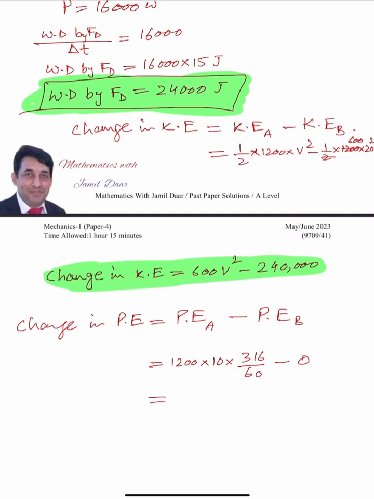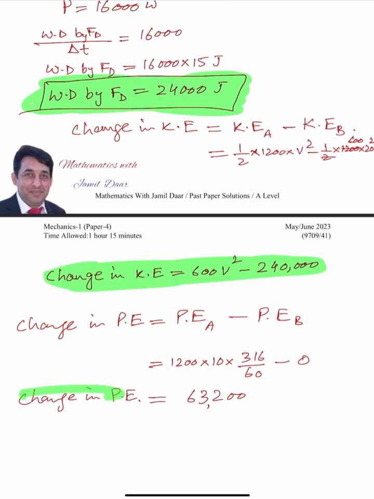Now let me calculate this. This is 12,000 into 316 divided by 60. So this will become 63,200. Okay, this is change in potential energy.